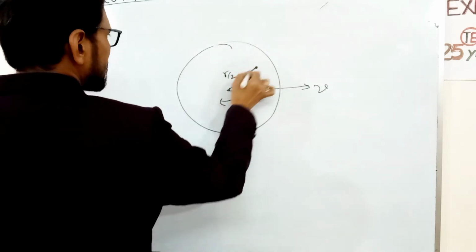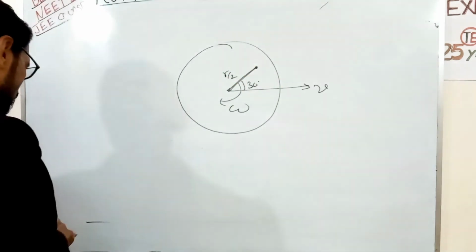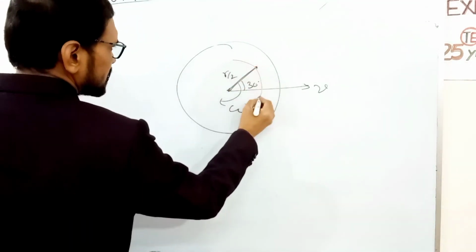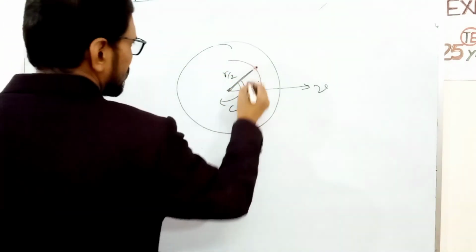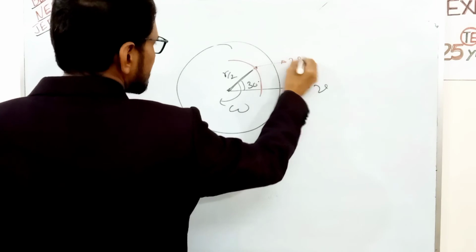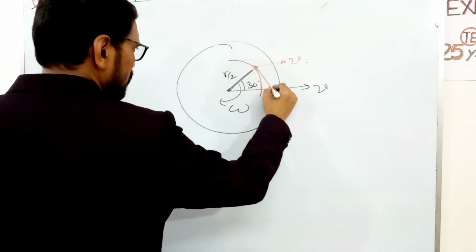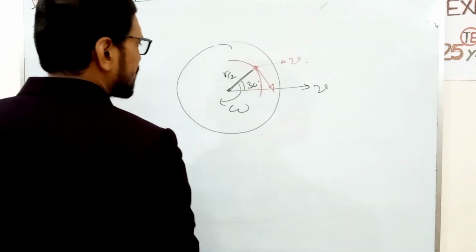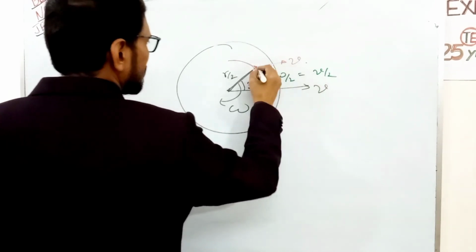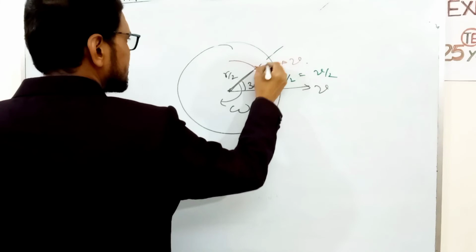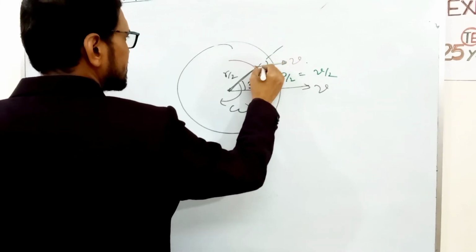The body rotates with radius r by 2. Due to translation the velocity is v, and due to rotation the velocity is r omega by 2, which is v by 2. This is 30 degrees, and this is 60 degrees.